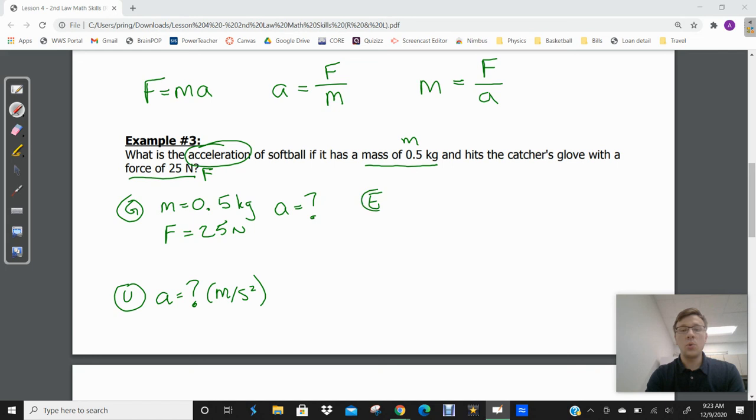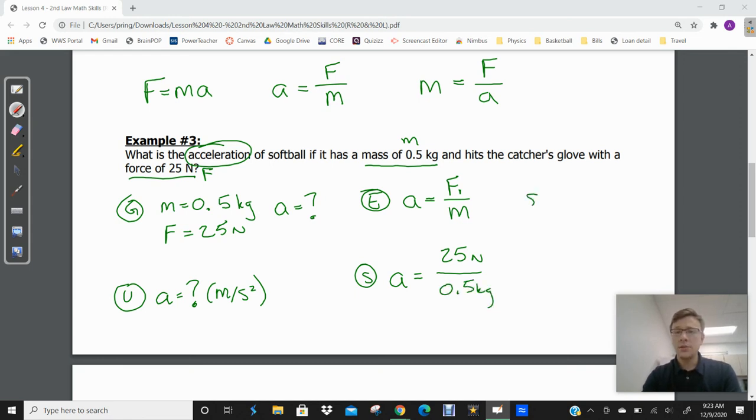Now, for the equation, since we are solving for acceleration, we want to use the version of the equation that has acceleration is equal to force divided by mass. We'll go ahead and substitute in the givens, and we know that the force is 25 newtons, and we know that the mass is 0.5 kilograms. And so this is going to come out to be an acceleration of 50 meters per second squared.